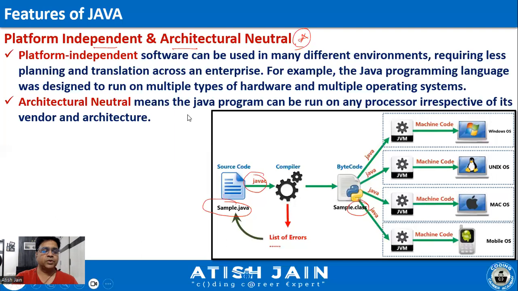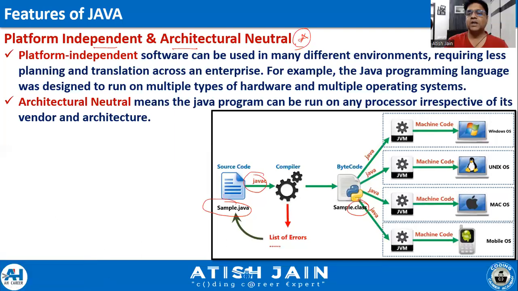Okay. So these codes are known as intermediary codes or byte codes. And these byte codes are given to a special program known as Java Virtual Machine. These Java Virtual Machines are available for each and every operating system separately. They're available for different operating systems.